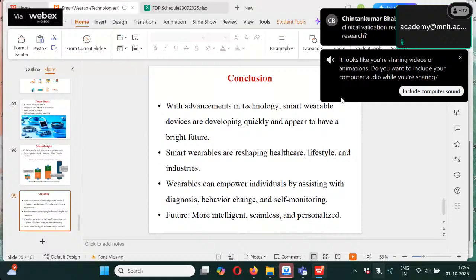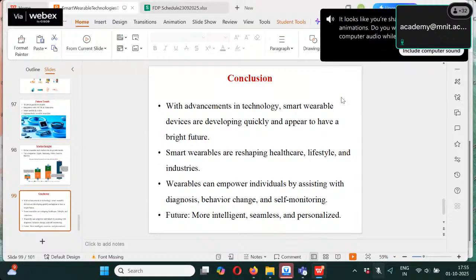Sir, is there any clinical validation required during the research? Yes, there are some benchmarks. Clinical validation, when I say it, then ultimately I want to test my concept or hypothesis on a real subject.